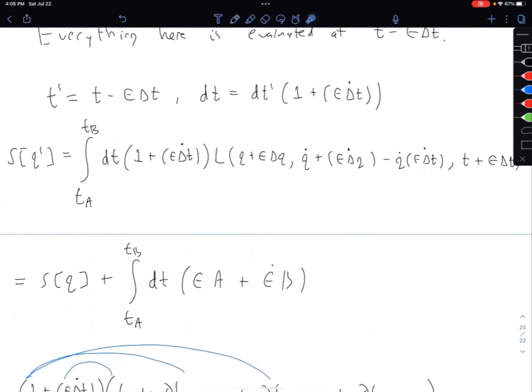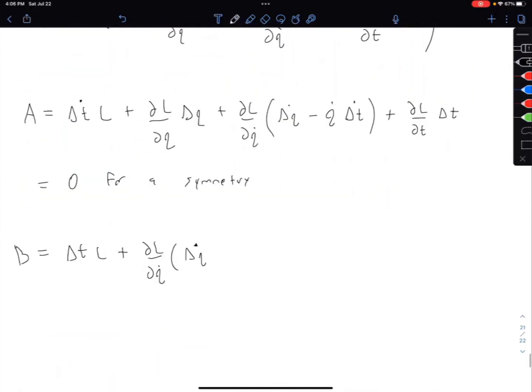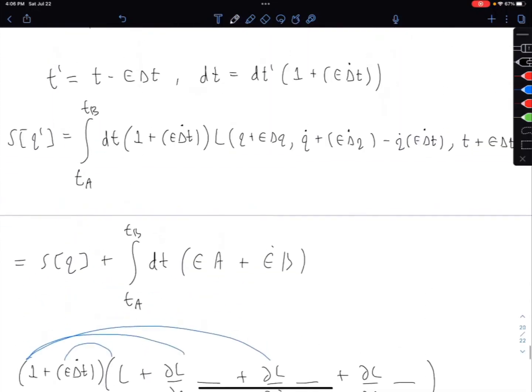Times the thing here proportional to epsilon, or minus that, which is going to be q dot delta t dot. Or no, sorry, it's going to be q dot delta t, because the derivative goes on the epsilon.